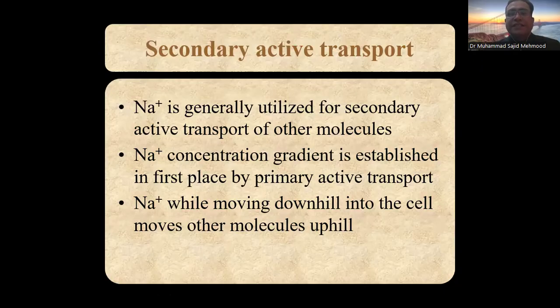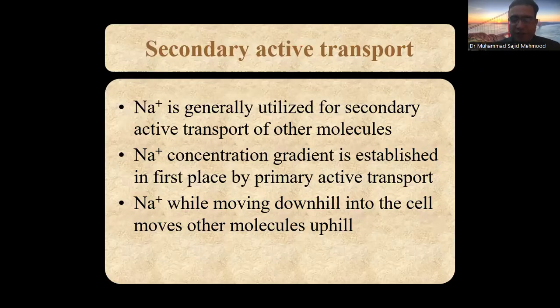against their concentration gradient. So sodium ion will be moving along its concentration gradient, but it will bind with other molecules and can drag them against their concentration gradient. And when the molecules are moving along with the sodium ions, that is in the same direction as the sodium ion, that is called co-transport.